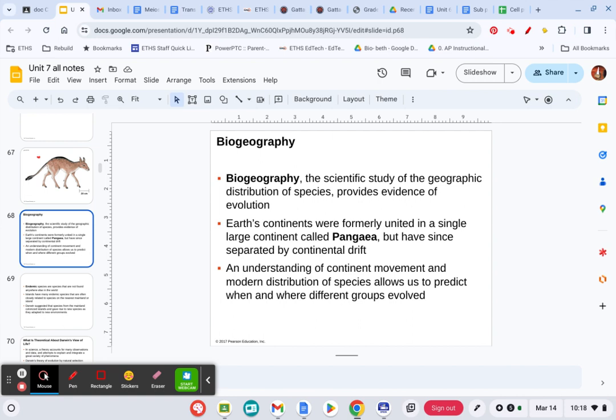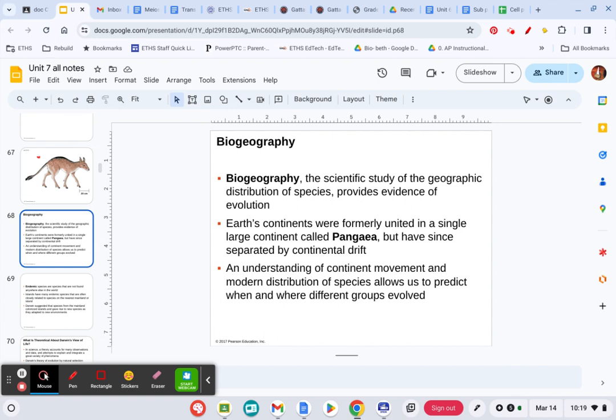All right. So next evidence is biogeography. And we talked a little bit about continental drift and how the Earth is made up of these thin plates. And these thin plates move over time. And with them, they take all the soil and everything on top of it, including the continents.